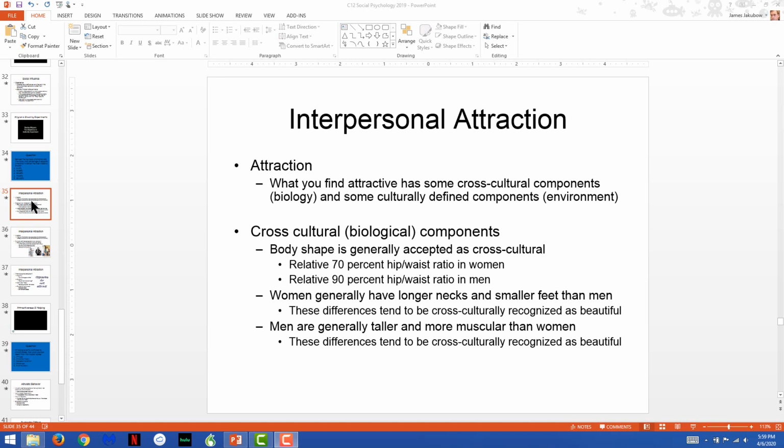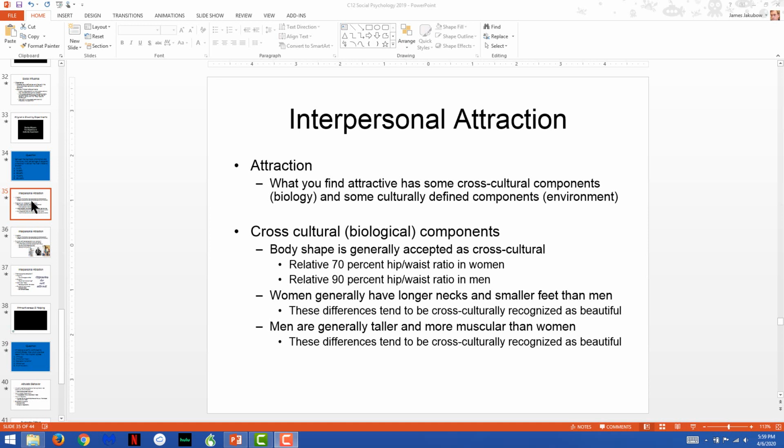If we look at some of the biological components, one of the things that has been established by doing cross-cultural work around the globe is that body shape is generally accepted as cross-cultural because there is a fairly limited range for the mean of hip to waist ratio that men prefer in women and that women prefer in men.